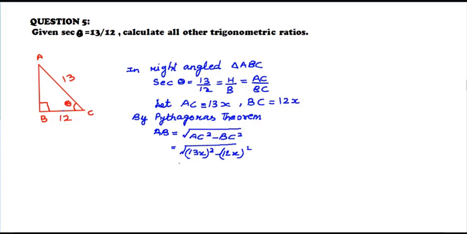So that is equal to under root 169x square minus 144x square, that is equal to under root 25x square, and root of 25 is 5, so it becomes 5x. So value of AB is equal to 5x.